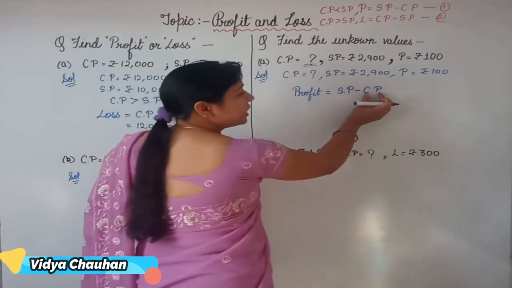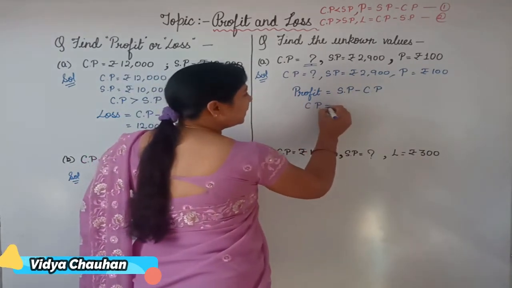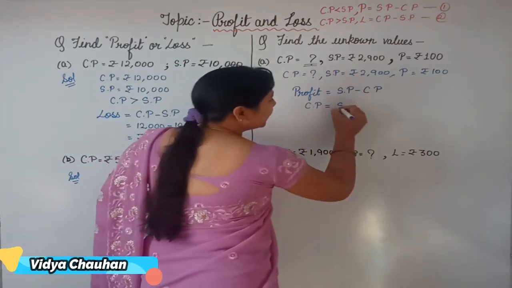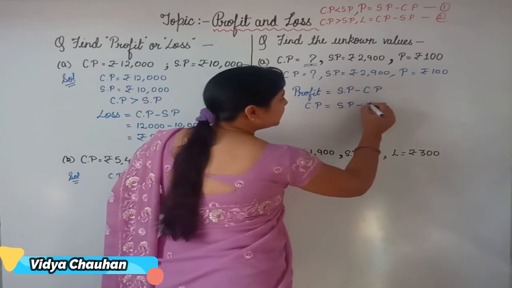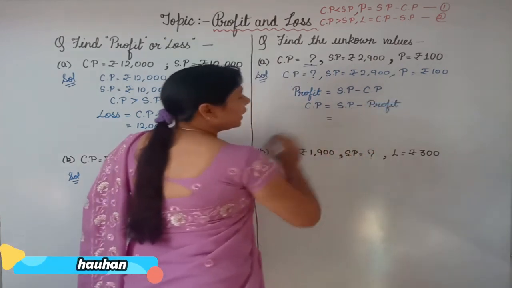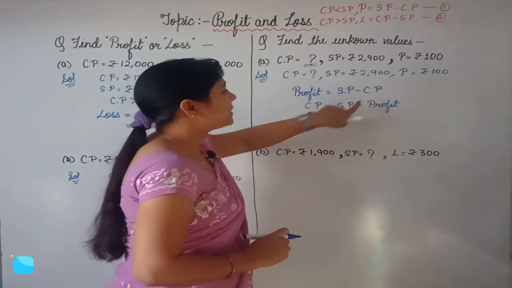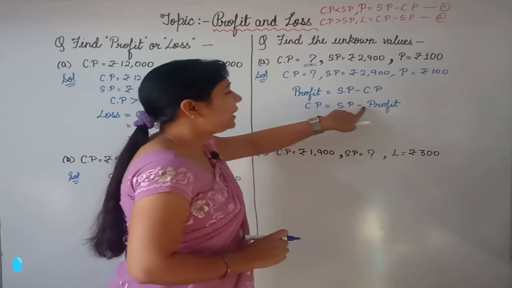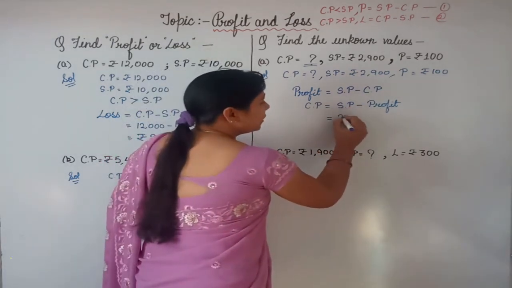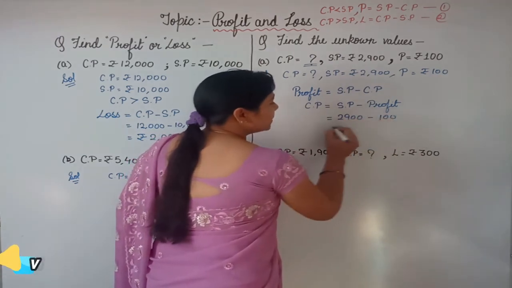Now since you have to find the cost price, it can be written in this form: CP is equal to SP minus profit. CP can be found by interchanging the place of CP and profit. So SP is rupees 2,900 minus 100, which is the profit.